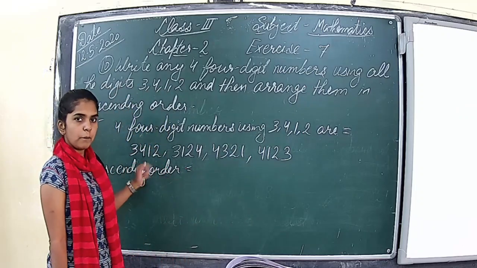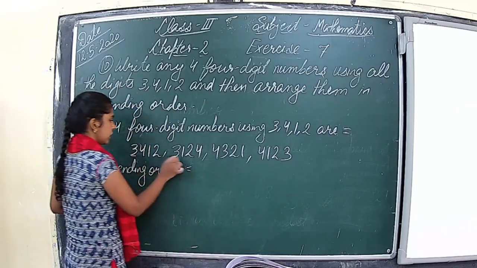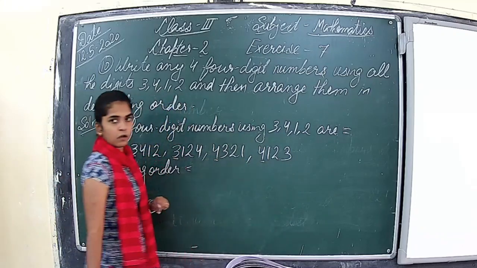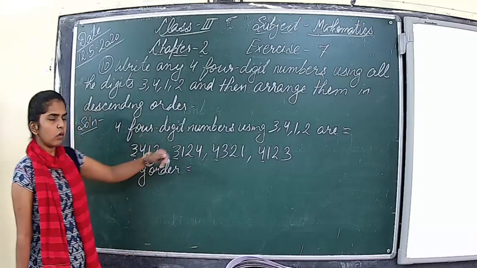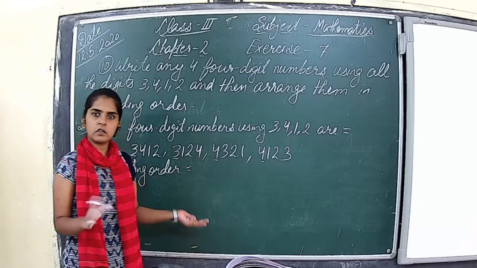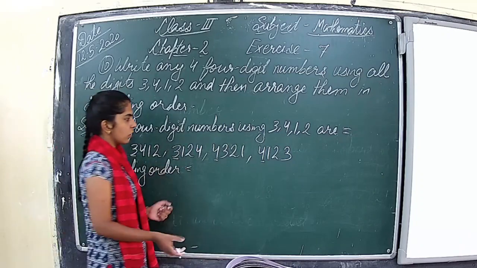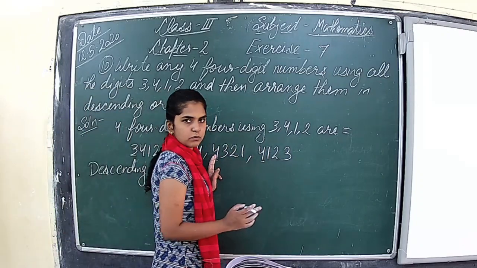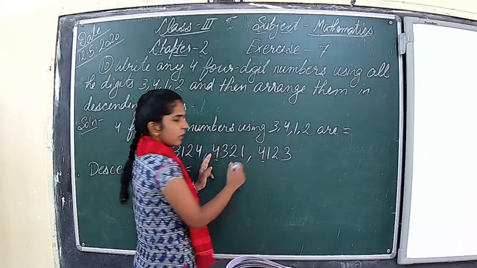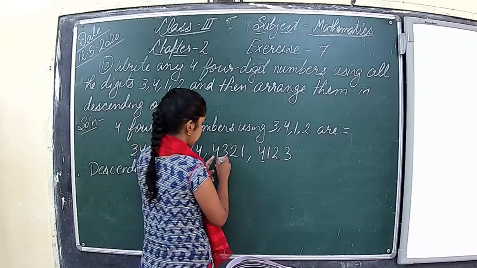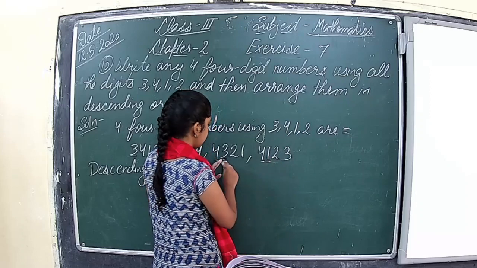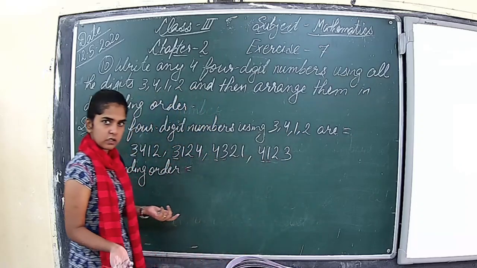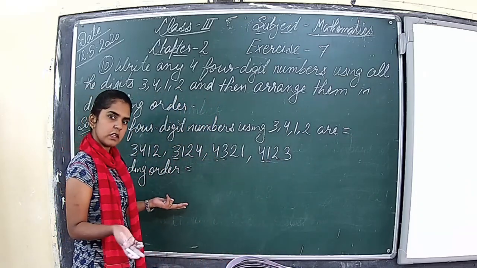I told you compare first digit 3, 3, 4, 4. First digit 3 or 4. Which is greater, 3 or 4? 4 is greater. Okay, but two numbers have same digit, that is 4. So now we will move towards next digit, that is 3. Here the next digit is 3, here 1. Which is greater? You will say, ma'am, 3 is greater, right?